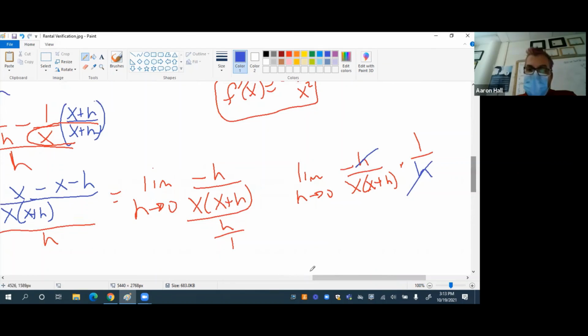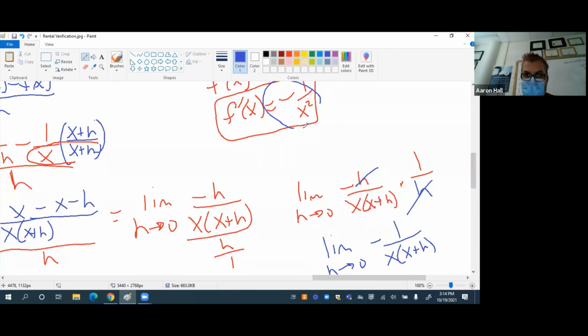And that leaves me with the limit as h approaches 0 of negative 1 over x times x plus h. Now what? Now we plug in 0. Do we get the same answer as this? If I plug in 0, x plus 0 is x. X times x is x squared. We have the same thing.